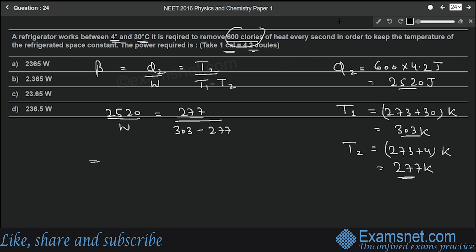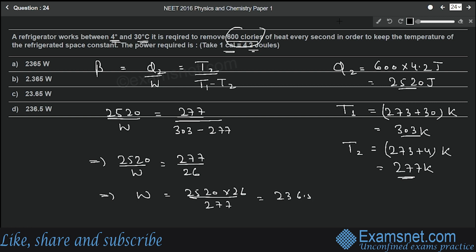Let's solve. 2520 upon the work done will be equal to 277 upon 303 minus 277, which is 26. So from here we get the work done equal to 2520 into 26 upon 277. On solving this we'll get 236.5 joules.